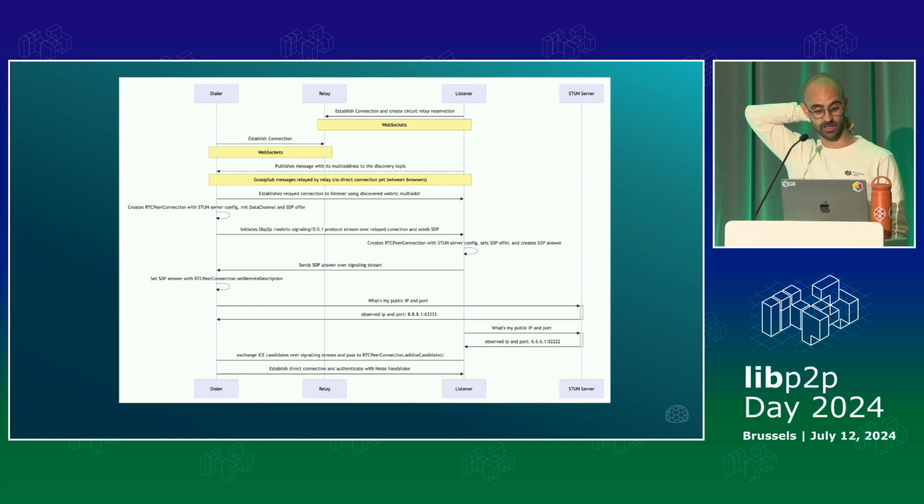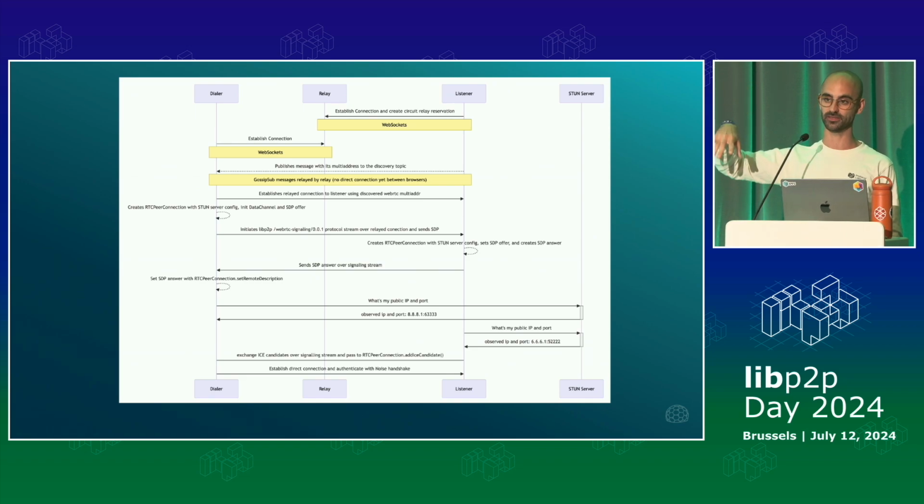discover each other's WebRTC multiaddrs, and that is all that is necessary for them to each initiate this whole RTC peer connection and basically the whole standard WebRTC connection establishment. And once they do that, they initiate this WebRTC signaling protocol that is over the libp2p relayed stream.